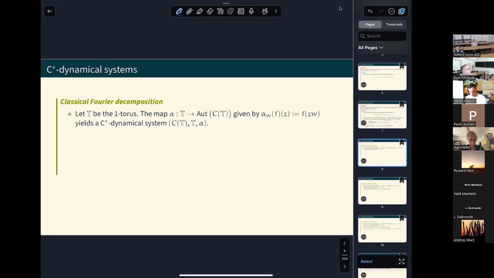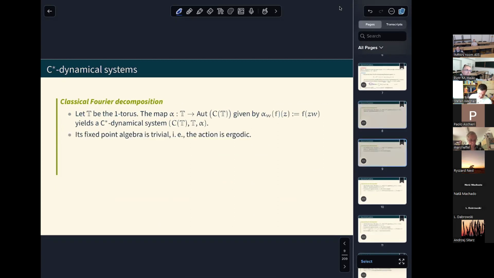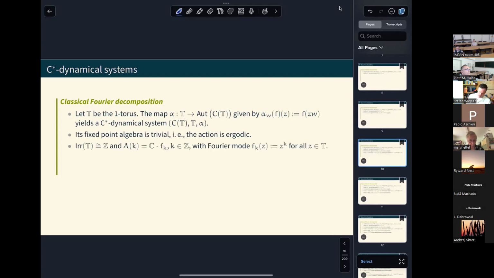All right, now for some examples. If you look at the one-torus, you can look at the map given by left or right translation in the argument, and this gives you a C-star dynamical system. This is an ergodic action, which means that the fixed point algebra is trivial. Since the group is the torus, we know that the irreducible representations are parametrized by the integers, and it is easy to see what the isotypic components look like.